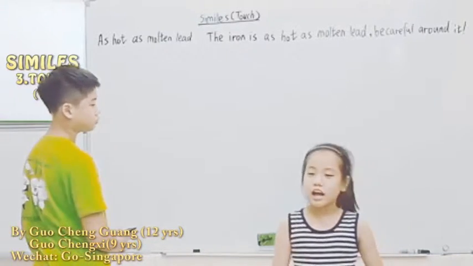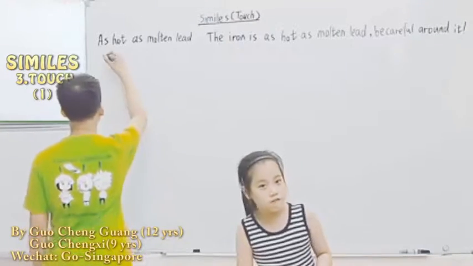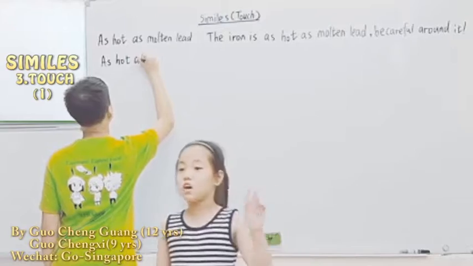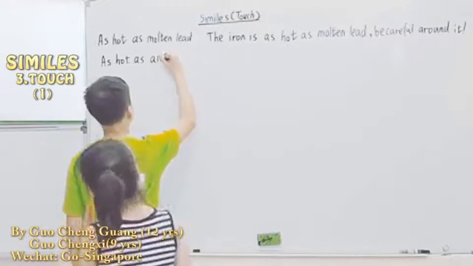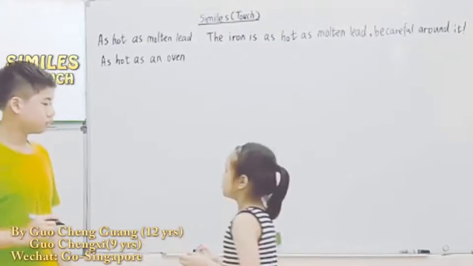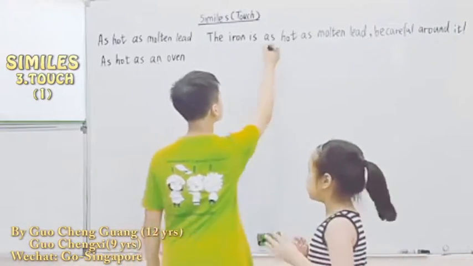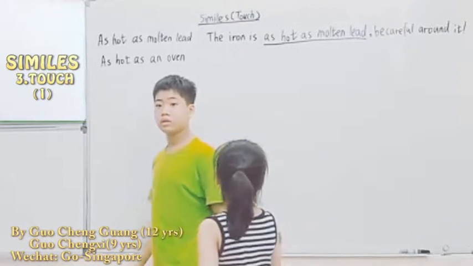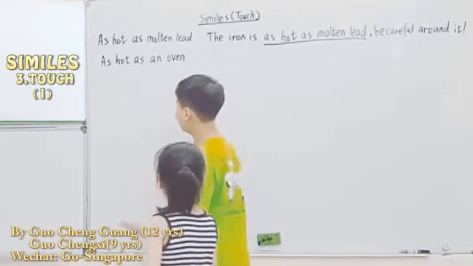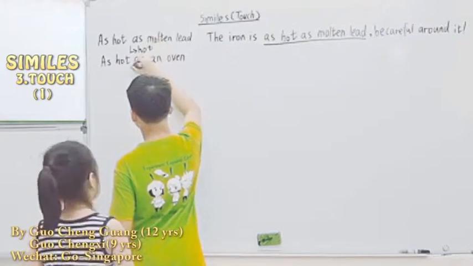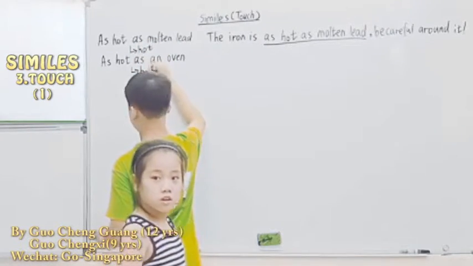Why not as hot as an oven? An oven is very hot, mostly when we're using it to cook the food. So both the definitions are hot.